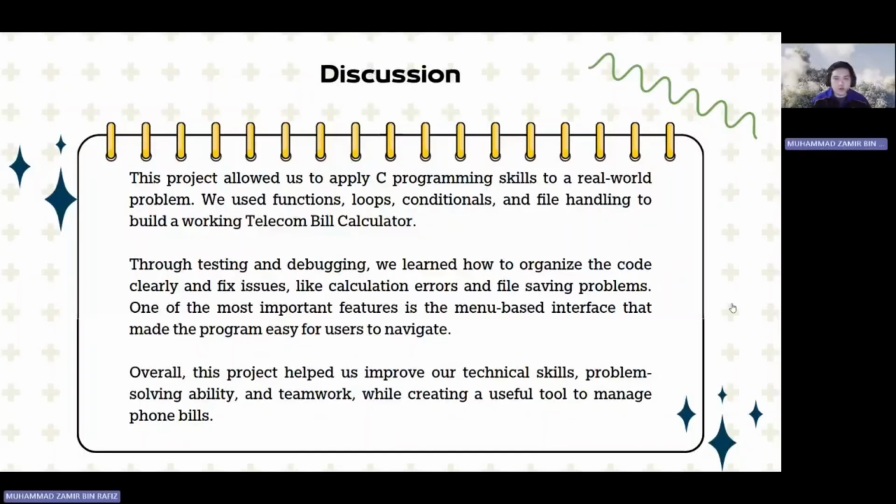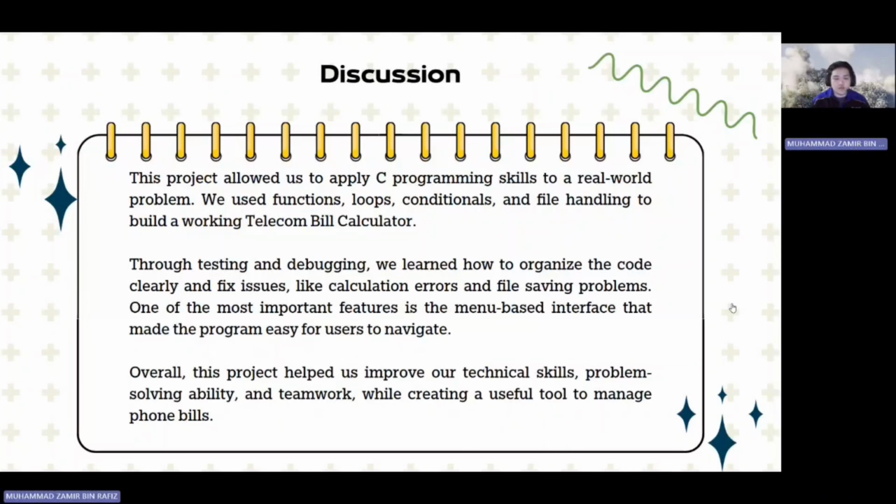I will continue to our project discussion part. This project allows us to apply C programming skills to a real-world problem. We use functions, loops, conditionals, and file handling to build a working telecom bill calculator for our users. Through testing and debugging, we learn how to organize the code clearly and fix issues we faced, like calculation errors and file saving problems.